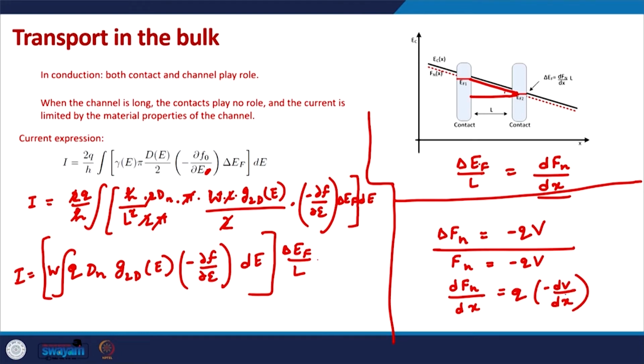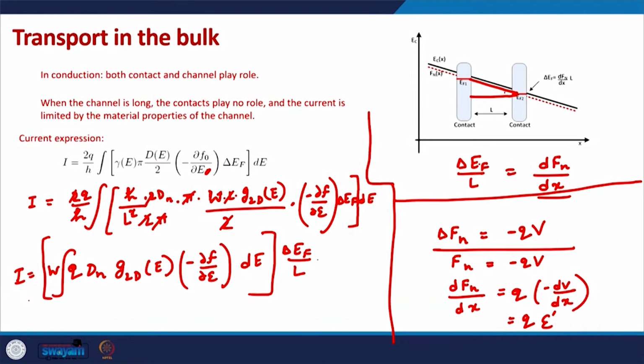And what is this? This is essentially the electric field applied across the device. So this is the electric field, which is also represented by E. Please don't confuse this electric field E with energy E. So let me put a prime over this, where E prime is the electric field.